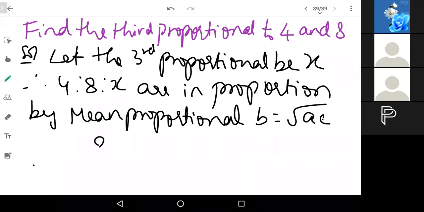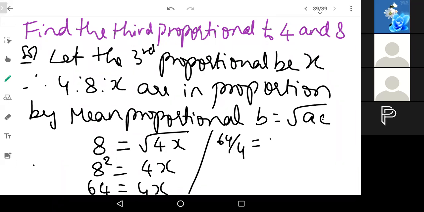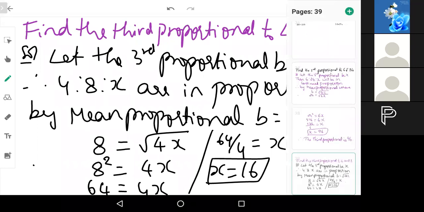So B is 8 is equal to square root of 4 into x. So 8 square is equal to 4x. 8 8s are 64 is equal to 4x. And then 64 by 4 is equal to x. So x is equal to 16. So therefore, the third proportional is 16. Very good.